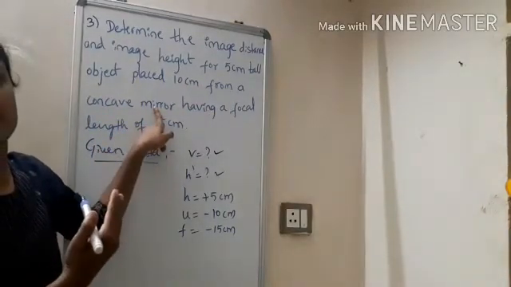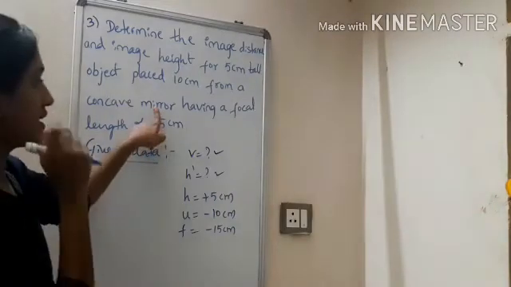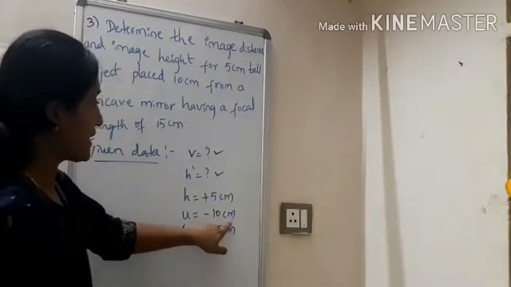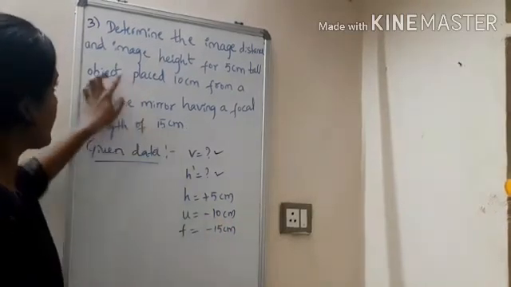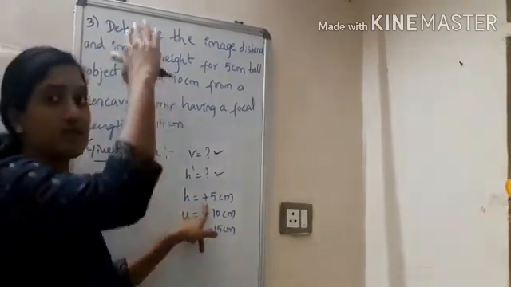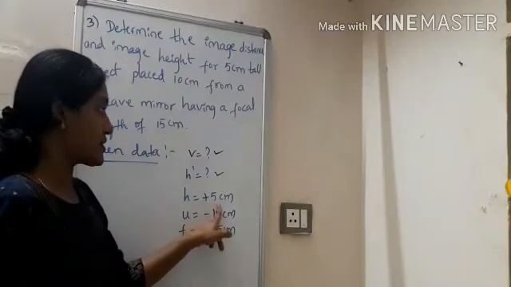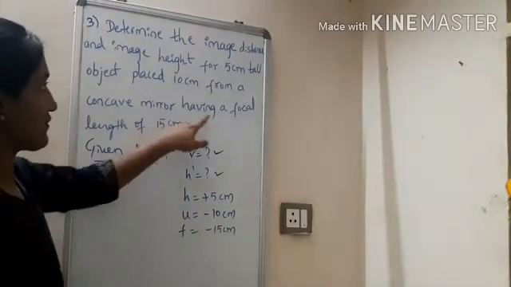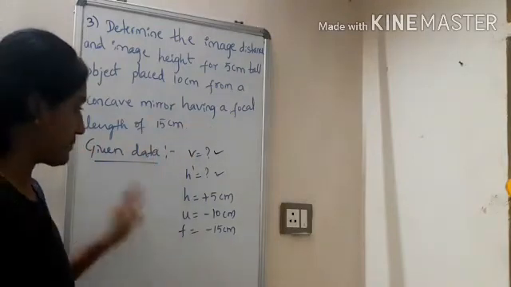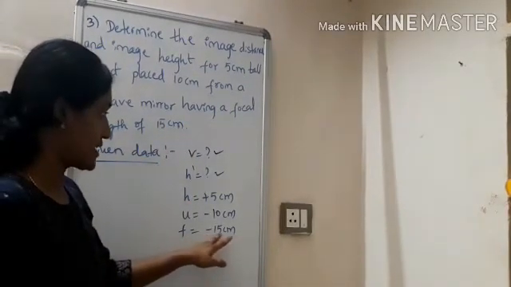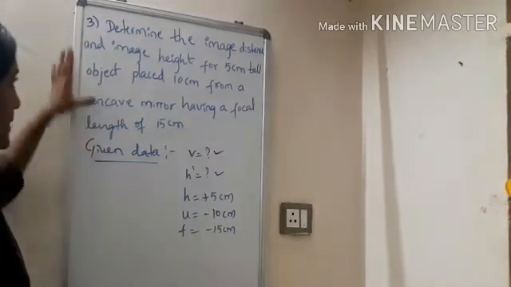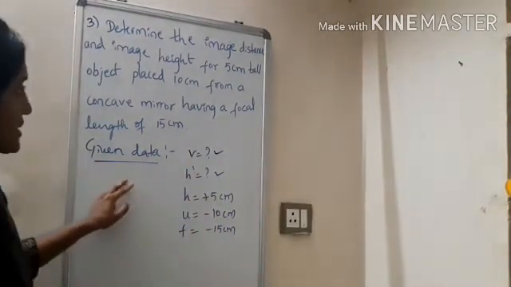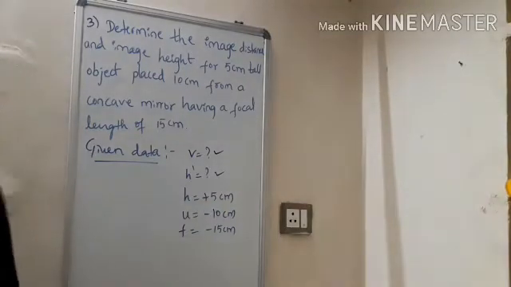In front of the mirror means the object distance is negative 10 centimeter, and the height of the object is above the principal axis, that is positive 5 centimeter. Focal length also they gave, that is in front of the mirror, so f is equal to minus 15 centimeter. Please make a note of the given data according to the problem. Now we can go to solve it.